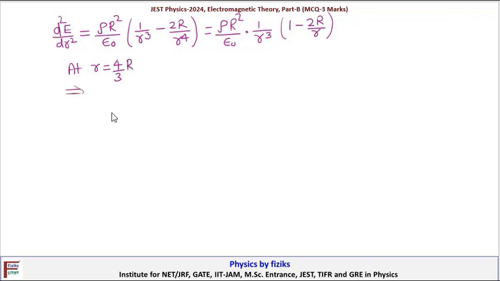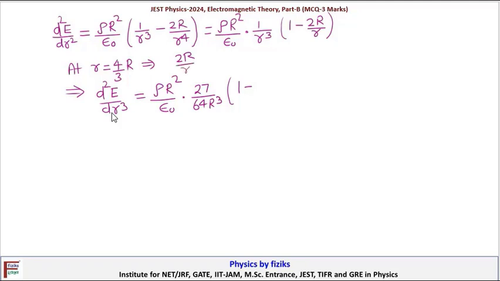So this will give you d2E by dr2. This is rho R square by epsilon naught, and 1 by r cube will give you 27 by 64 R cube, and 1 minus, and from this equation we can write 2R by r as 3 by 2. So we can write this as 1 minus 3 by 2. So that will be minus 1 by 2.